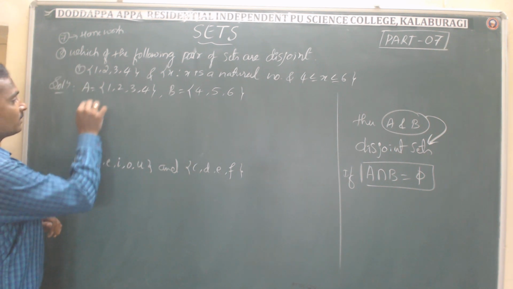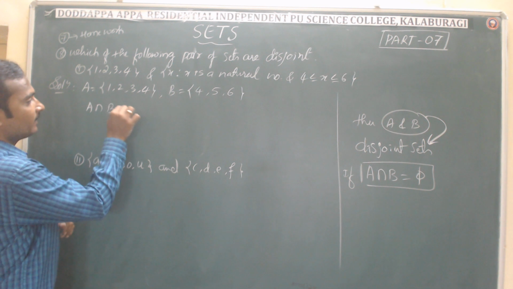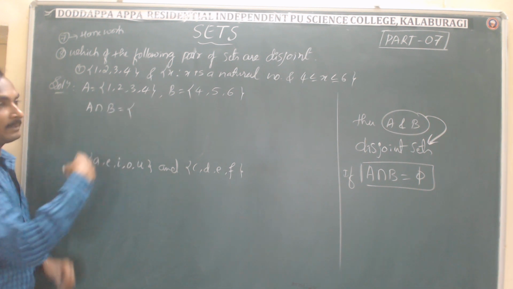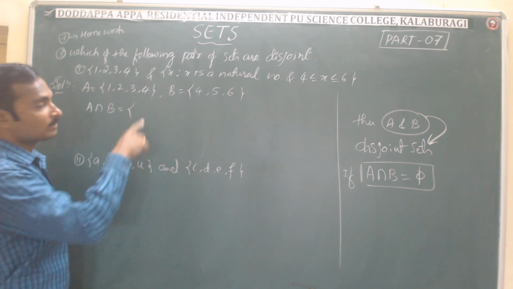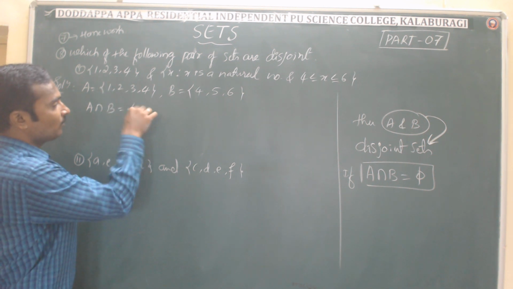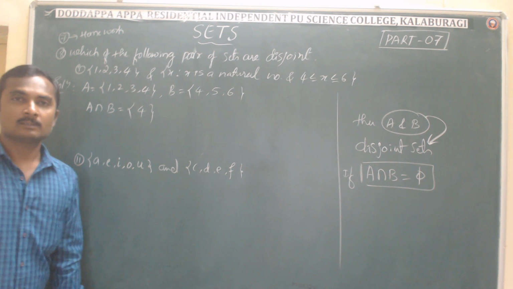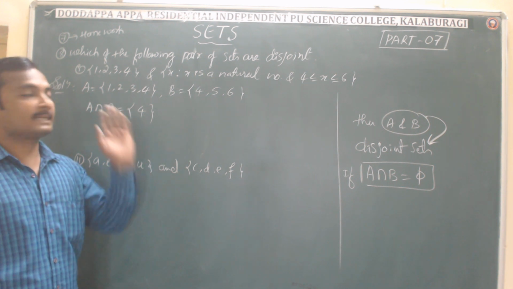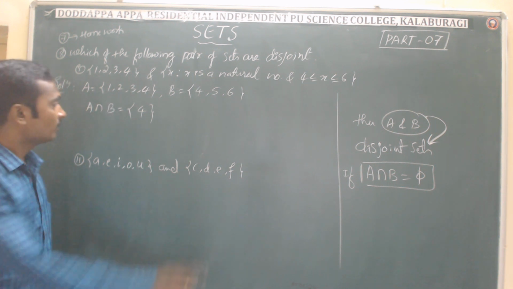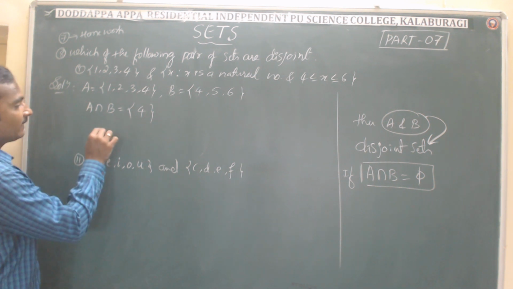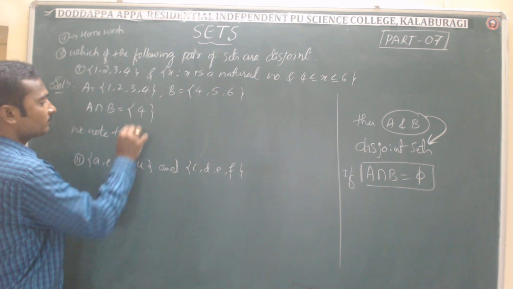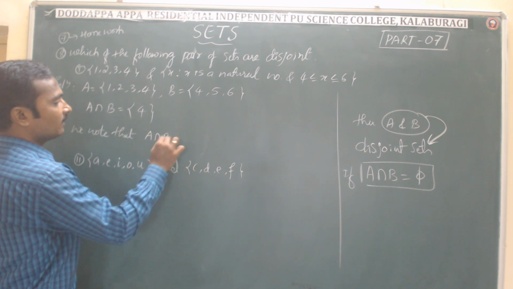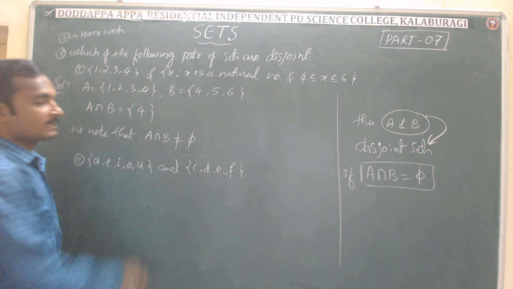The intersection of these two sets, A intersection B, equals what? What are the common elements of these two sets? 1 is not a common element, 2 is not a common element, 3 is not a common element, 4 is a common element, and 5 and 6 are not common elements. Therefore, we note that A intersection B is not a null set.